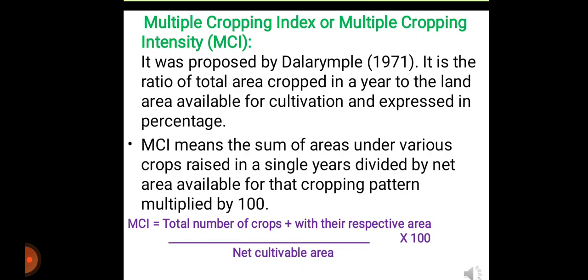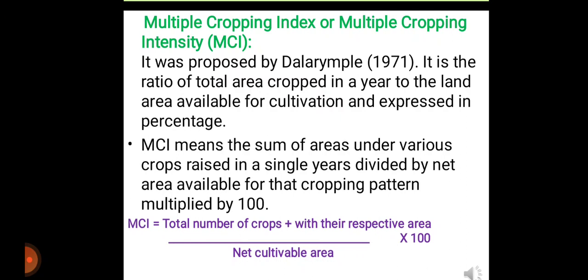Multiple cropping index, or multiple cropping intensity, MCI, was proposed by Dalrymple in 1971. It is the ratio of total area cropped in a year to the land area available for cultivation, expressed in percentage.